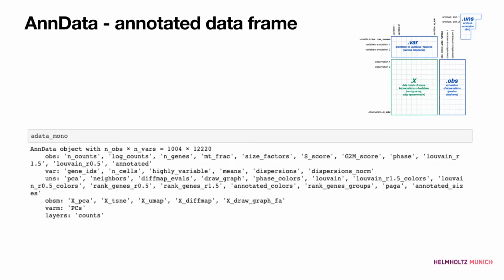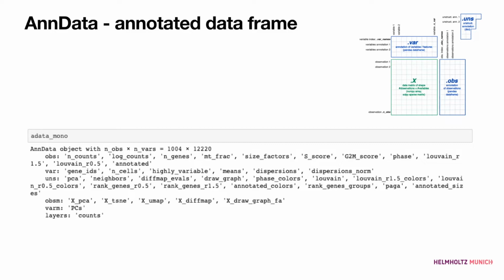In the var, we've stored the number of cells that are expressing every gene, things like whether this gene is highly variable, and so on. And you will observe that in obsm, which is also seen here on the screen, some of the matrices start with an X. This is essentially a way of representing that this is a derivation of our original data X. So for example, you have X_pca.